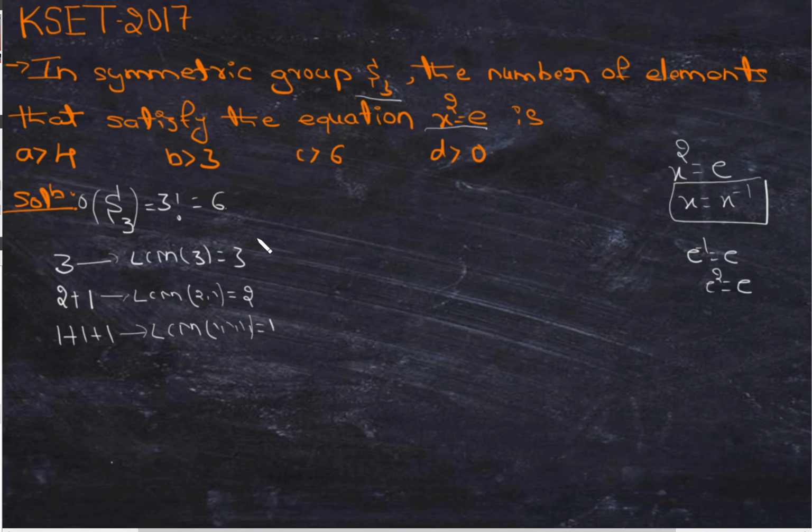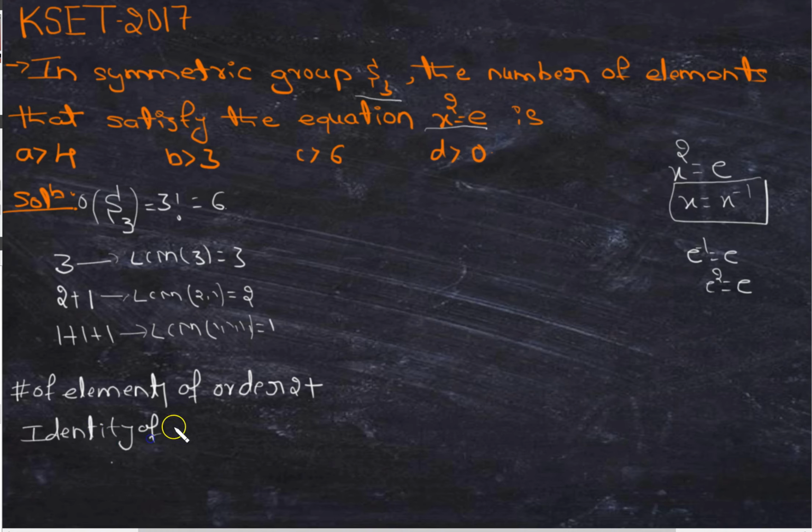Then the elements which satisfy our condition are the number of elements of order 2 plus the identity element of the group. The identity element is always unique in every group.